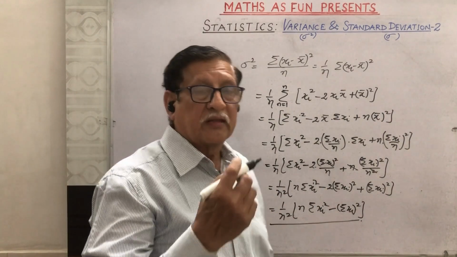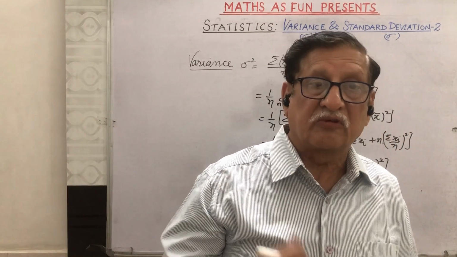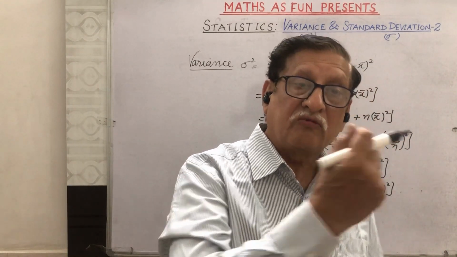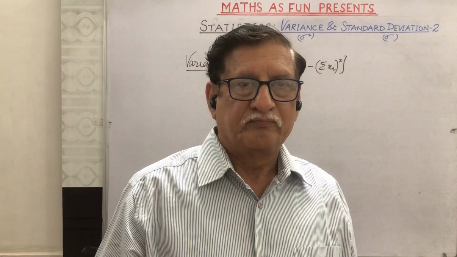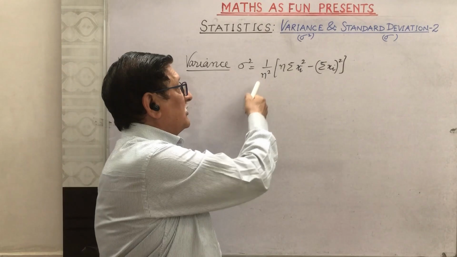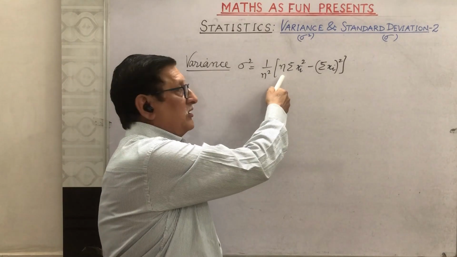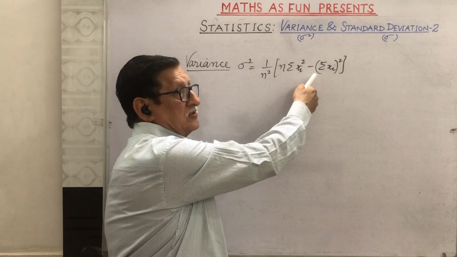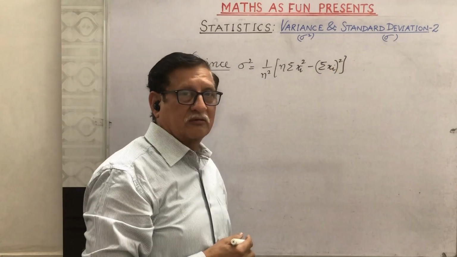Now suppose the frequencies are also given. This is the frequency distribution. Then what will be the change in it? Let's see. The formula which we have obtained now is variance sigma square is 1 upon n square, n into sigma xi square minus sigma xi whole square.